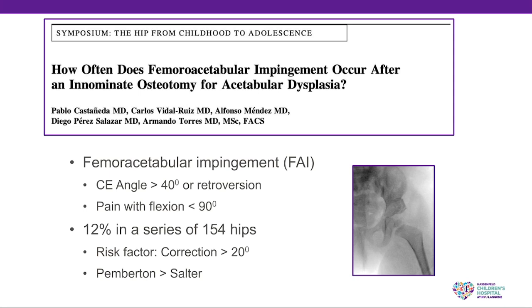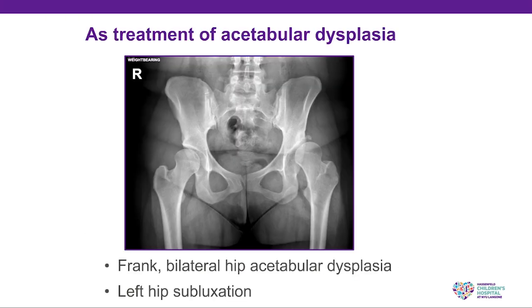And it was found that patients that needed higher degrees of correction for dysplasia, and if you had a Pemberton osteotomy, which is more of a volume-reducing osteotomy, were a little bit more likely to have impingement than if a Salter osteotomy was used.